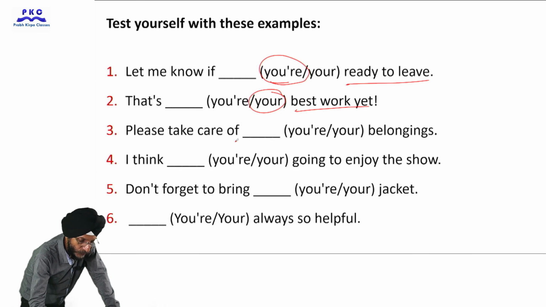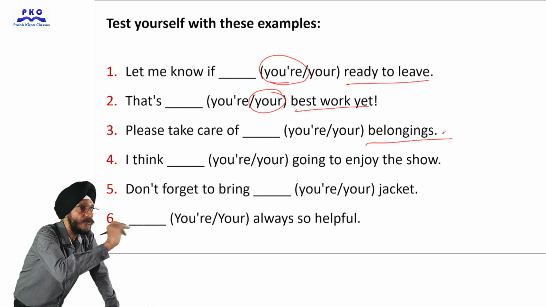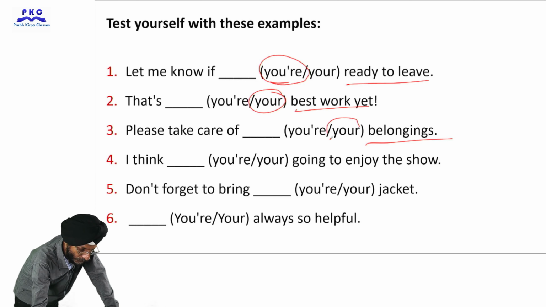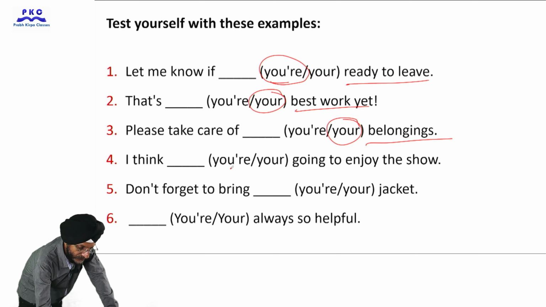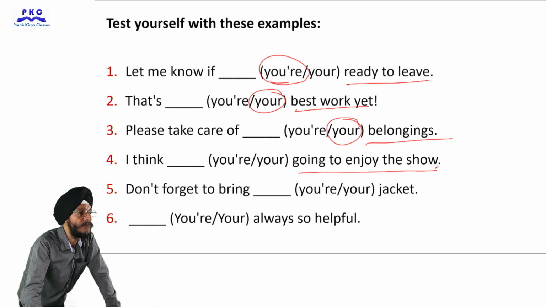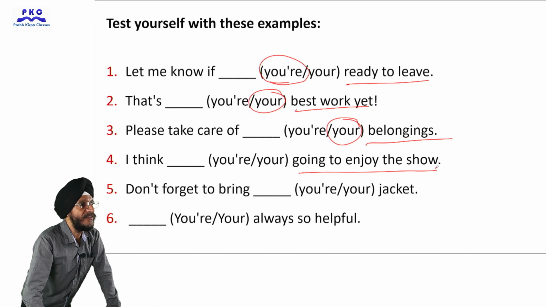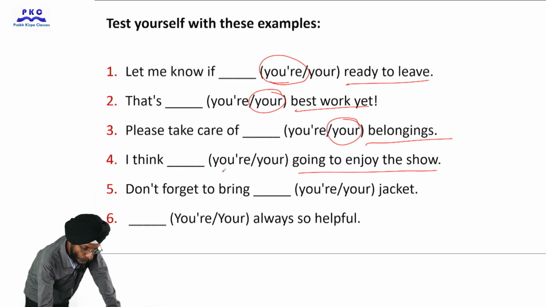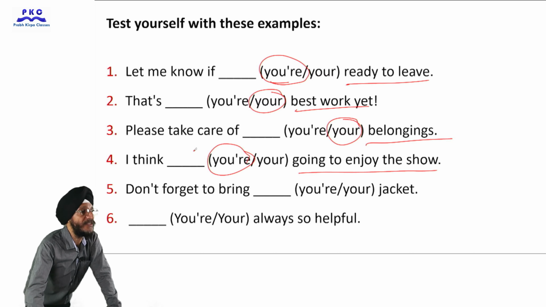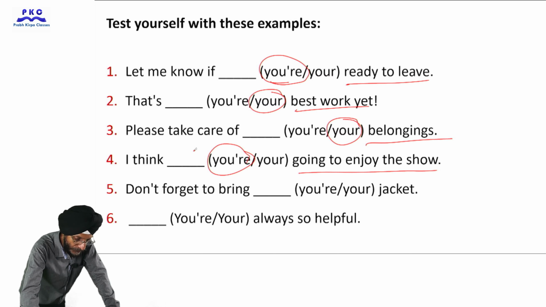Please take care of dash belongings. Belongings belong to you, your. So it is okay. I think dash going to enjoy the show. Whether there is anything which may show ownership or possession of something, no. I think you're, the contraction form, going to enjoy the show.